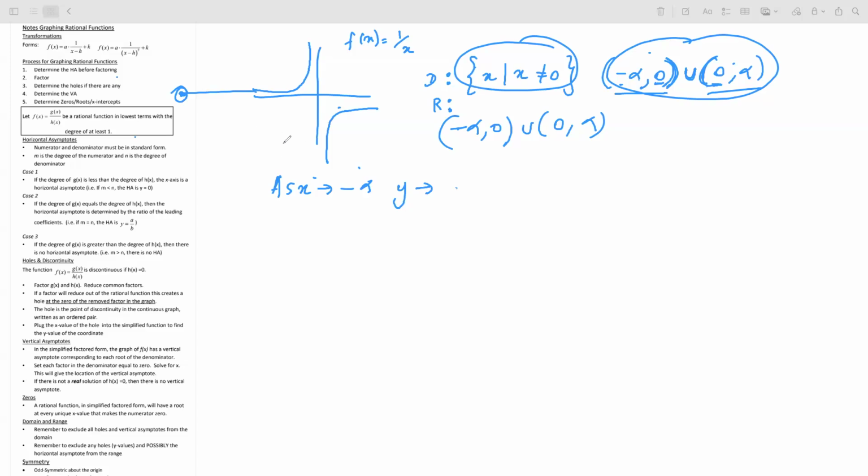X is going to minus infinity. Where does y go? Zero. y equals 0. Yes. As x tends to infinity, where does y go? Y goes to 0. You all got it? Think about this point in the graph, then you will be able to say. Okay, can I move on?